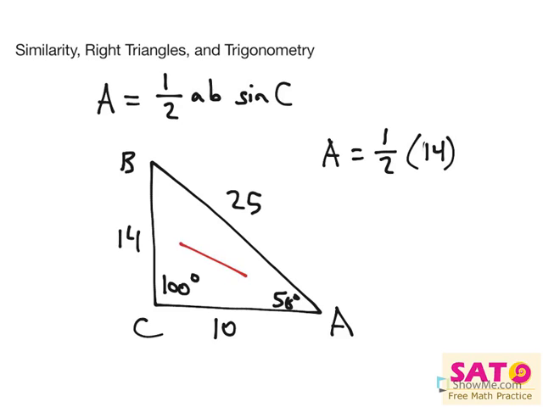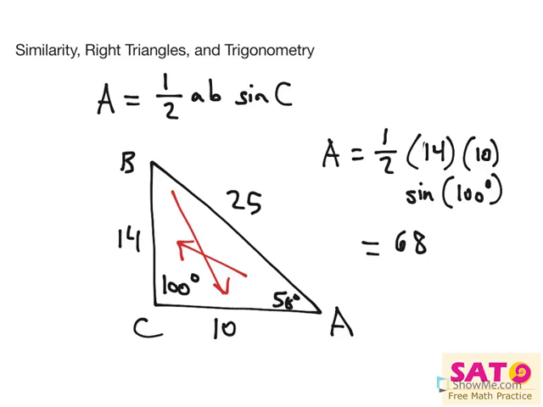Next would be side B, which would be 10. And the last one would be sine of C, which we know is 100 degrees. Your final result would be 68.9, let's call it, feet.